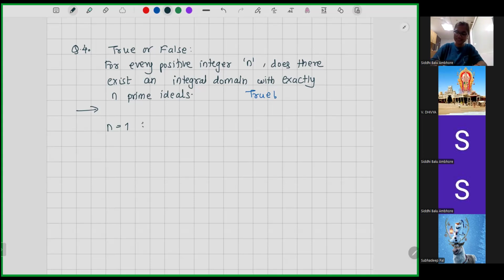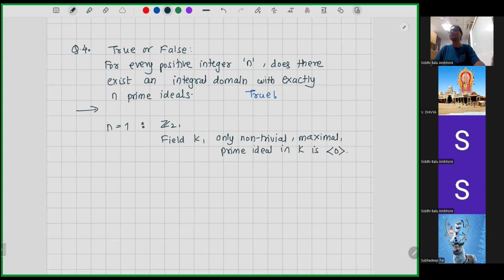Okay, Z2 is good, but we can take any field K. Only non-trivial ideal, in fact, the only ideal that is also maximal and also prime in K is the ideal generated by 0.